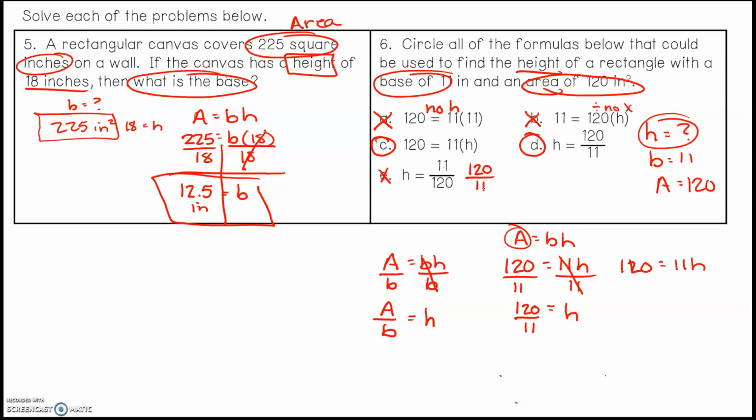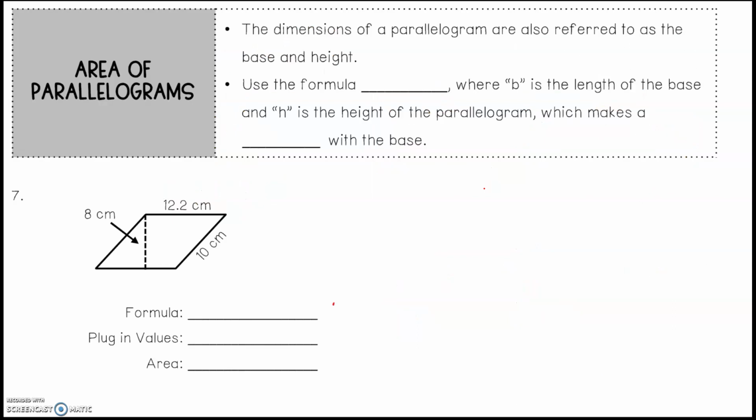Okay? All right, looking at the area of parallelograms. This is very similar to the rectangles. The dimensions of a parallelogram are also referred to as the base and the height. Use the same formula, area equals base times height, where B is the length of the base and H is the height of the parallelogram, which makes a 90-degree angle.